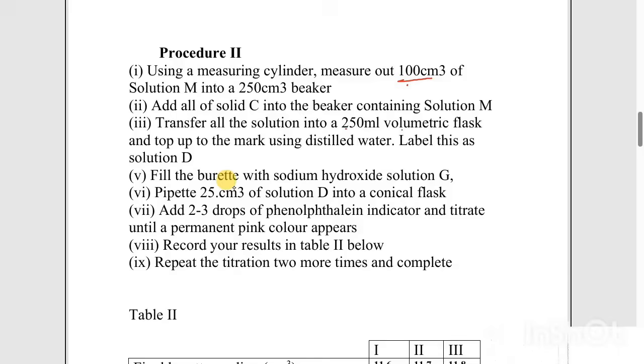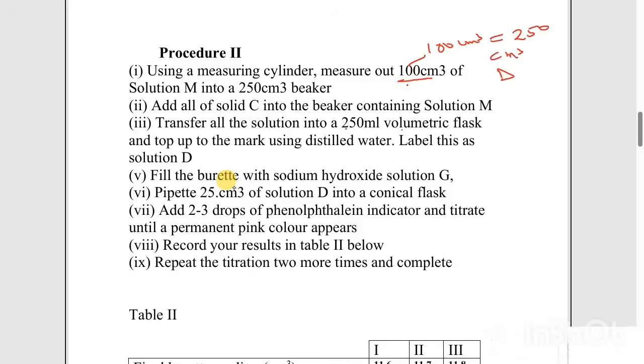Now when we dilute the remaining solution into a 250, you need to know that the number of moles that remained in 100 centimeters cube of solution M after reacting with solid C will be equal to the number of moles in 250 centimeters cube solution D. Did you hear that?